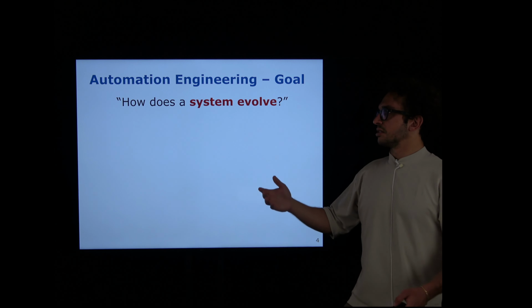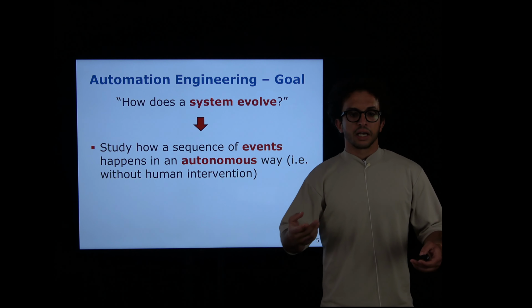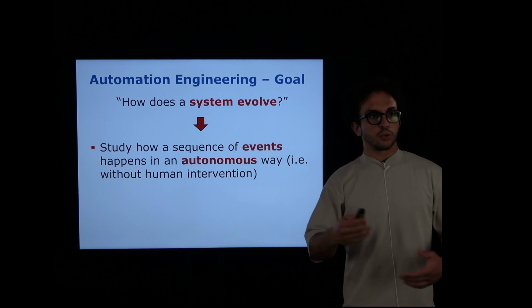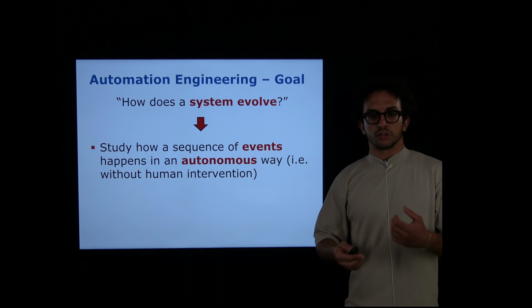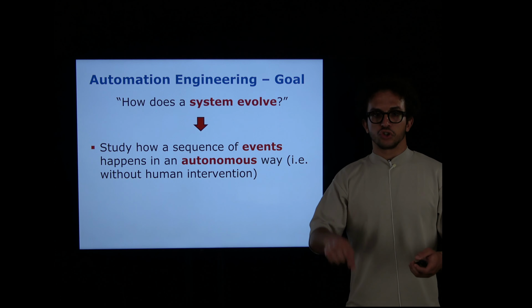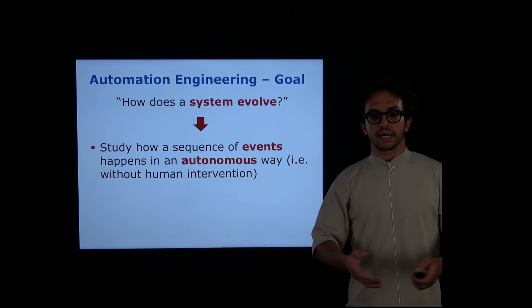So we define a system, but what does it mean to evolve? Evolve means to study how a sequence of events happens in an autonomous way, without human intervention, without someone actively triggering something, but how the system is doing by itself.